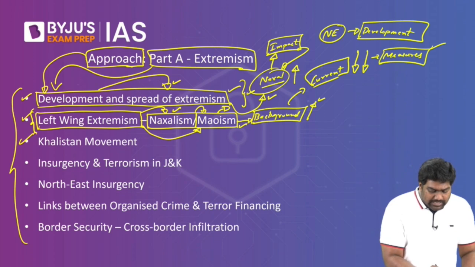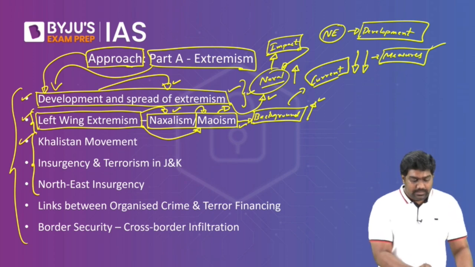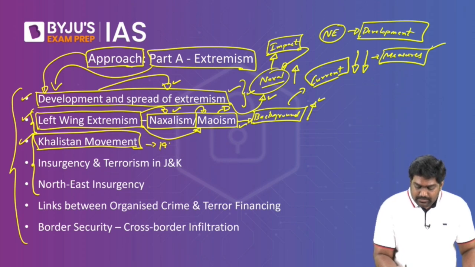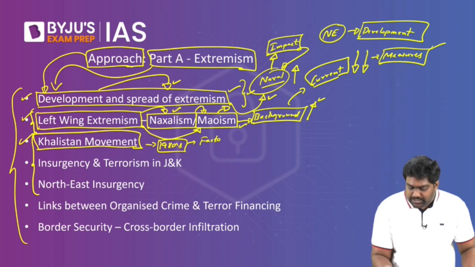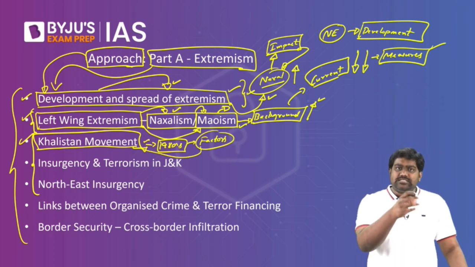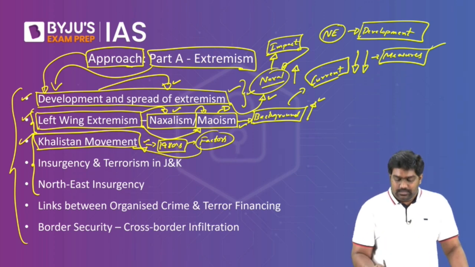Then focus on other conflict zones of India, like Punjab, for example, where we witnessed the Khalistan movement back in the 1980s. Identify the root factors which contributed to the rise of the Khalistan movement. Understand the core ideology of Khalistan.